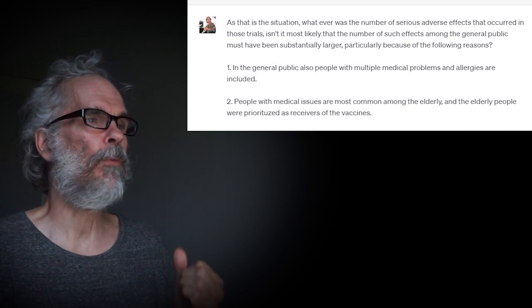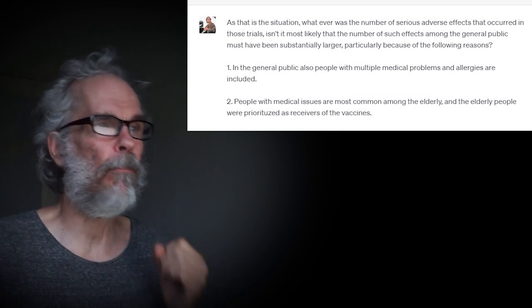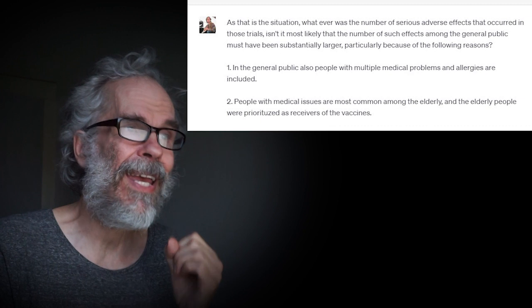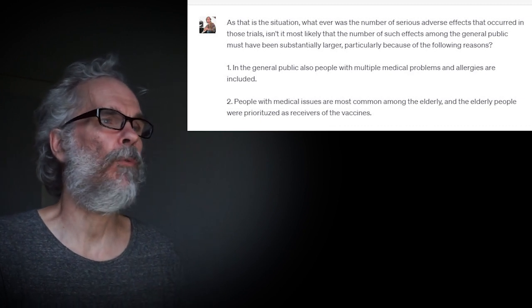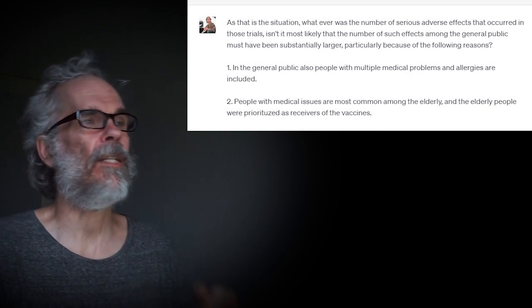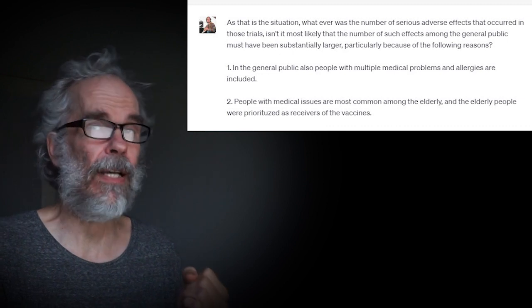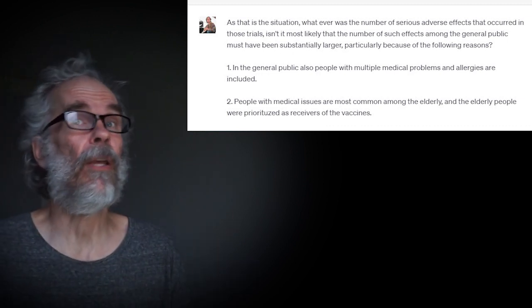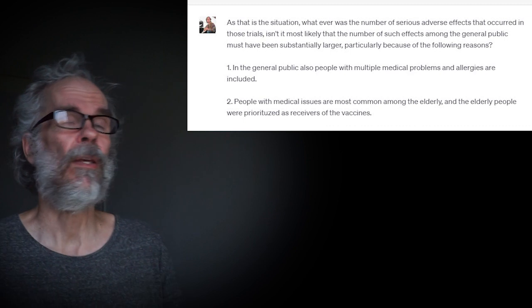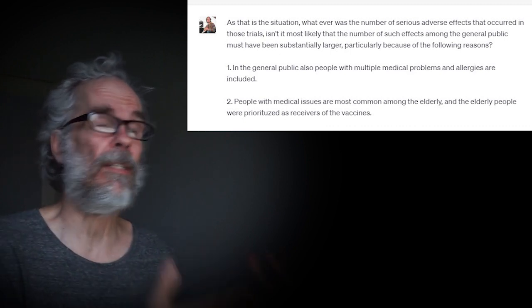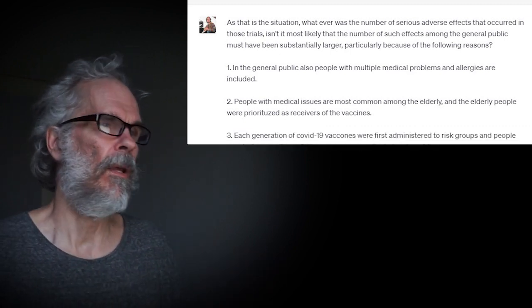2. People with medical issues are most common among the elderly, and the elderly people were prioritized as receivers of the vaccines, but not at all prioritized as the test subjects for testing the safety of the vaccines. 3.